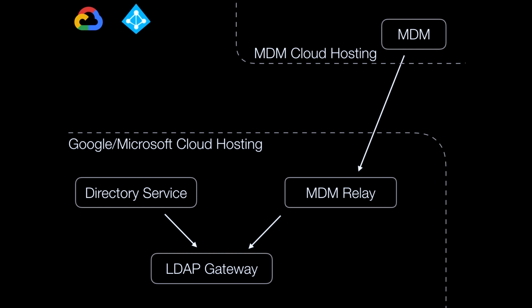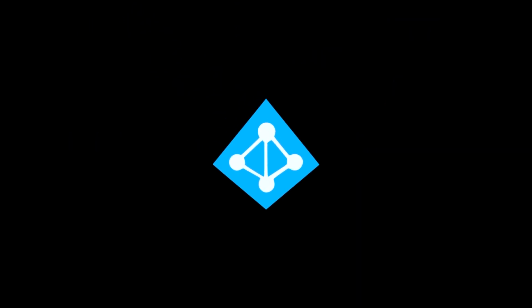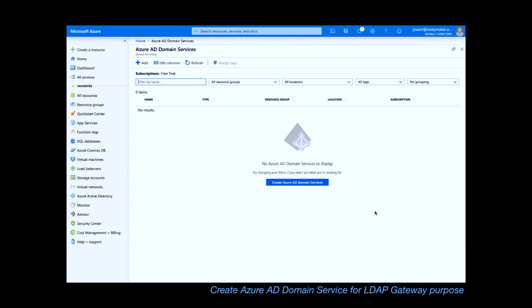So what we will do now is look at the setup for both solutions. And we will start with Azure AD. So we have to create the LDAP gateway, the MDM relay, and set everything up. The first thing to do is to create the LDAP gateway on Azure.